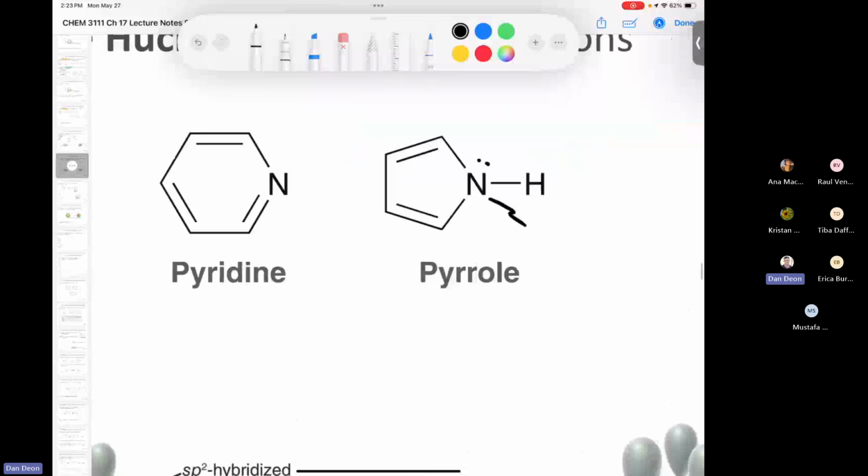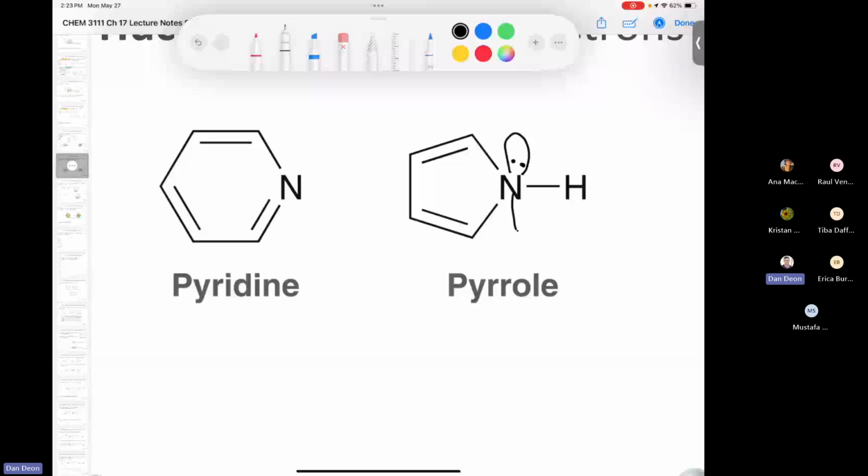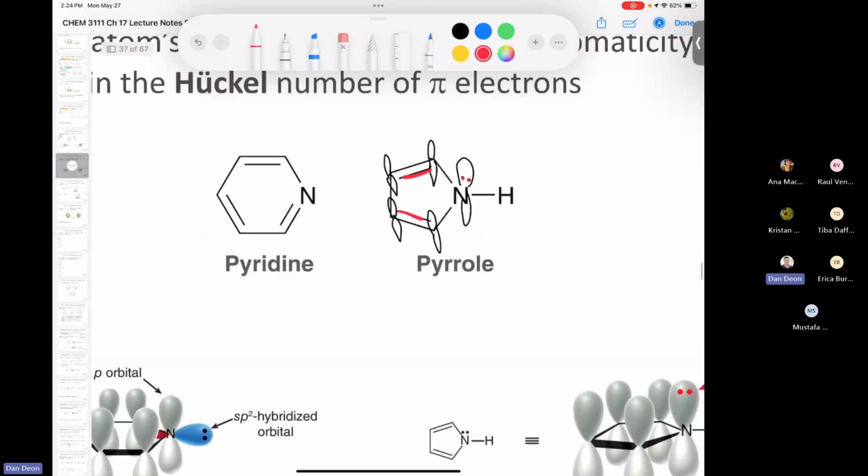It's not sp3 hybridized. Why not? Because if that lone pair goes into a p orbital, then we have a continuously overlapping system of p orbitals, and then we have a total of 1, 2, 3, 4, 5, 6 pi electrons. So we would have a Huckel number of pi electrons. And so pyrrole is aromatic, but the lone pair on the nitrogen is required for aromaticity. And so that's why pyrrole is not a base.